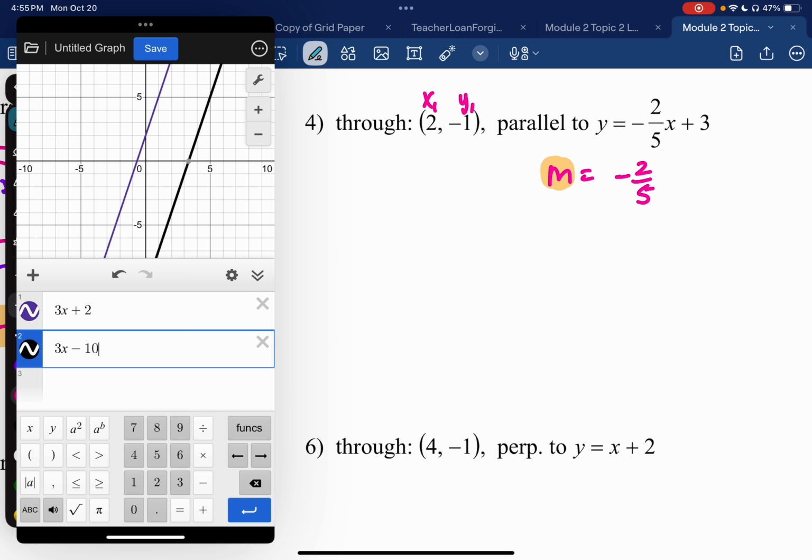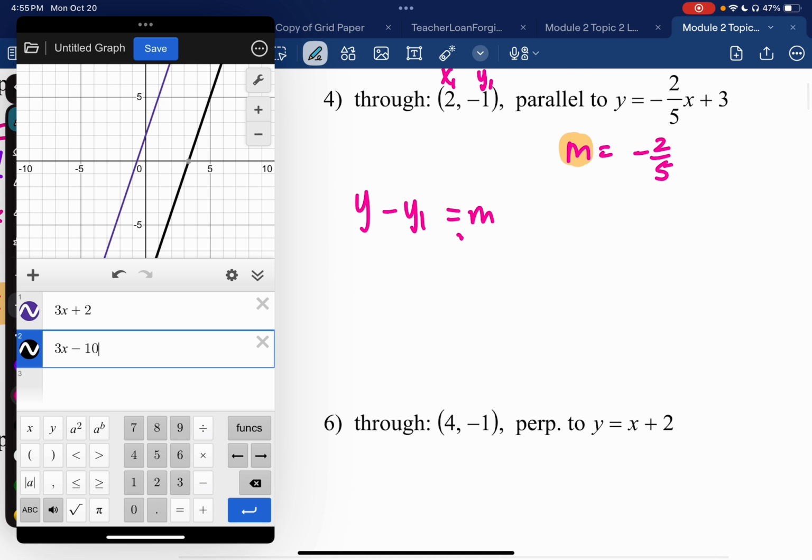All right, so step one is write my formula down. y minus y1 equal to m, in parentheses, x minus x1. Bam. Plug it in, plug it in, plug it in. What is my y1? So we're going to have y minus a negative 1, but we know two negatives make a positive. My m is negative 2 over 5, x minus 2.